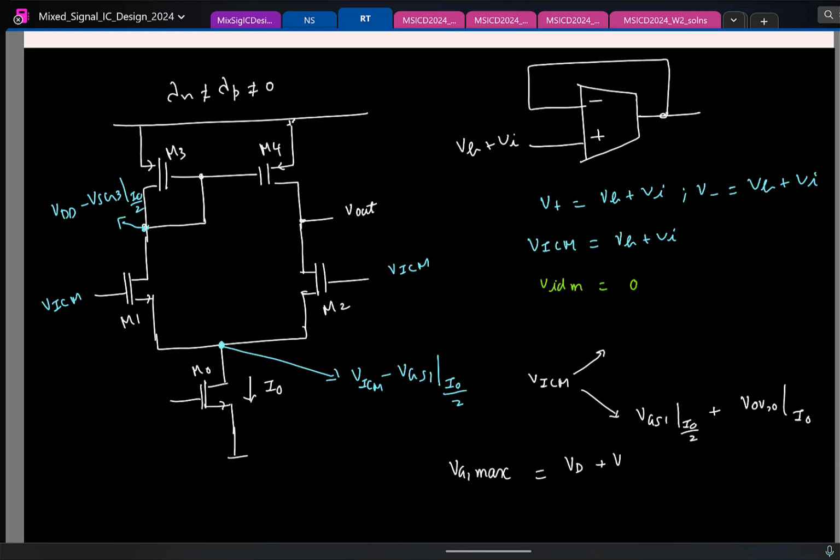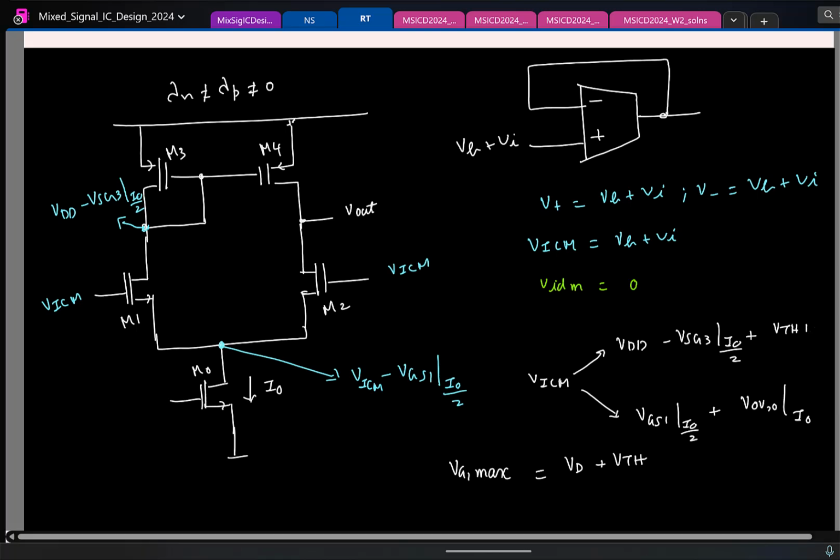It is one threshold above the drain. Fine. So here the drain voltage is this. Let me write that. So it is VDD minus VSG3. This is the drain voltage. On top of this, I can go one threshold higher. I am writing it as VTH1, but it can be VTH1 or 2 because both are identical. Okay. So this is the input common mode range.